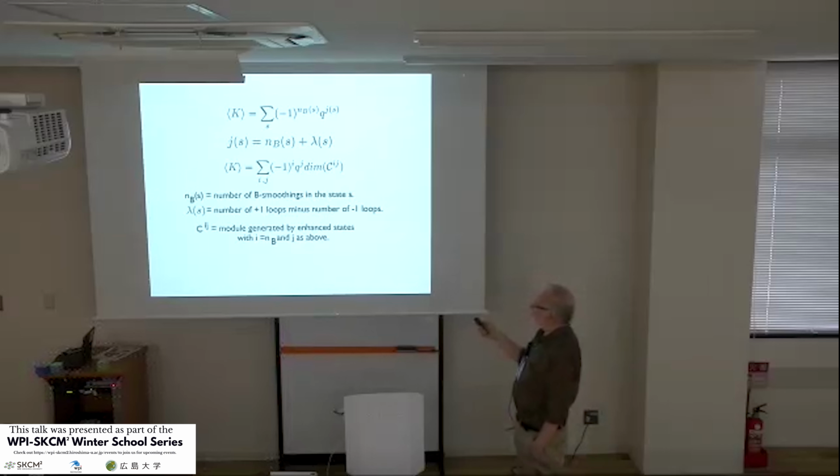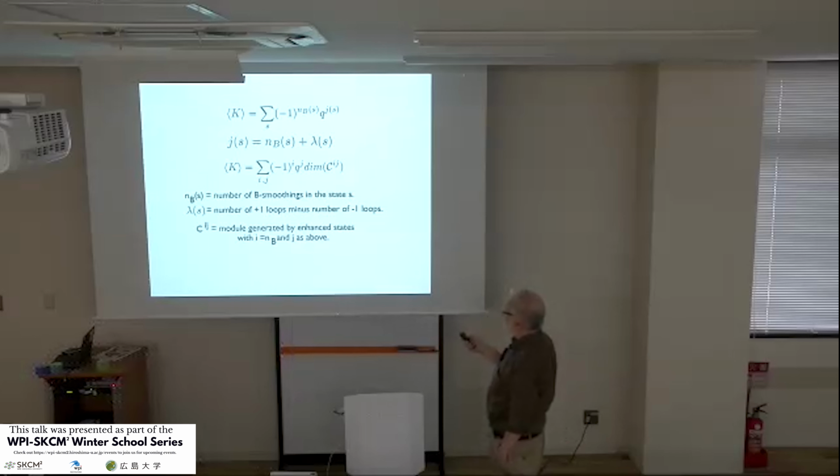And now if you wanted to know what is the coefficient of the power of Q itself, well, you could say, okay, I'll rewrite as the sum over J. Just think of doing this in your head. You rewrite as the sum over J, and then you have to take in here the sum of all these different signs that can occur depending on that value of J, where J is equal to this.